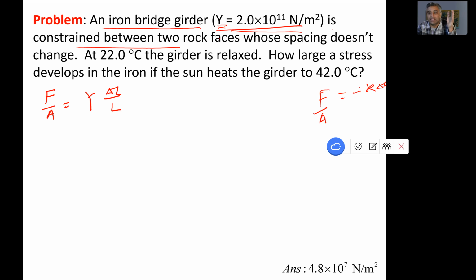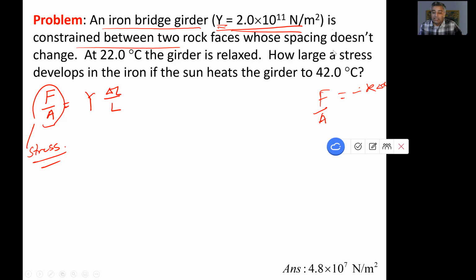Same idea here. The bridges have iron rods going from one side to the other. When temperature changes, the length tries to expand. But if there is no room, there's going to be a force built up, and we can write that in terms of force over area, and that's what this stress is.